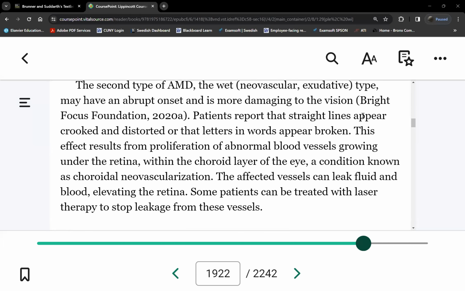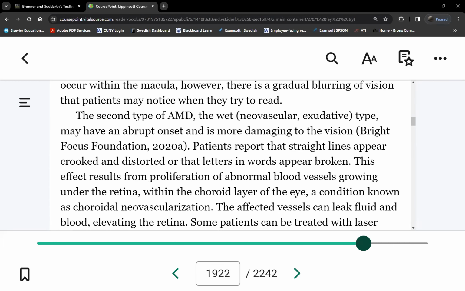The other type is treatable. The second type is not age-related at all. This one is caused by, I'm not saying it's cancer, but characteristics of cancer. What happens is the patient grows new, fragile, leaky, abnormal blood vessels in the eyeball.